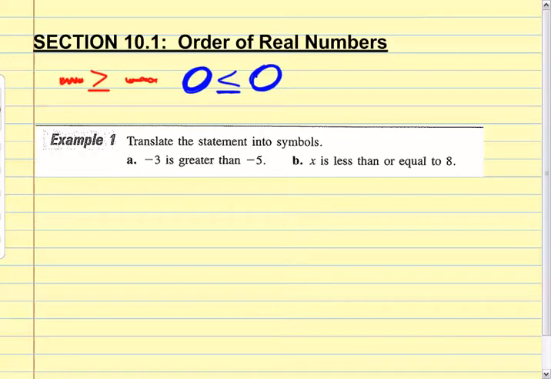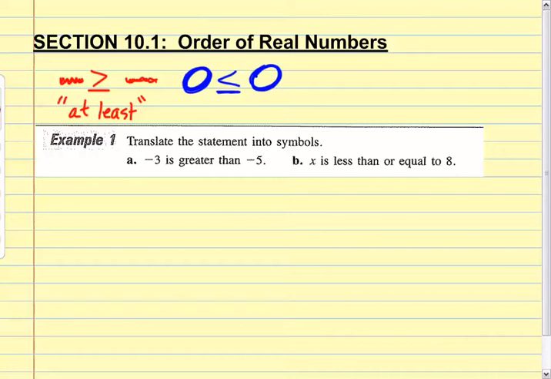Now, something to think about is we also have phrases that we use with greater than or equal to or less than or equal to. Greater than or equal to means at least. It's at least this much. So keep that in mind when you see the greater than or equal to.